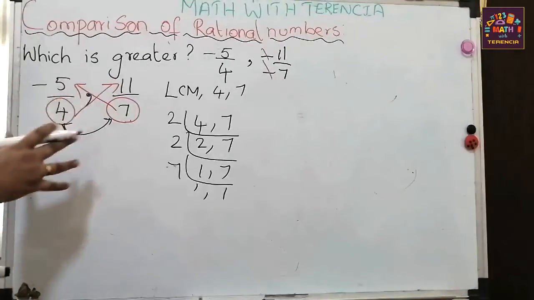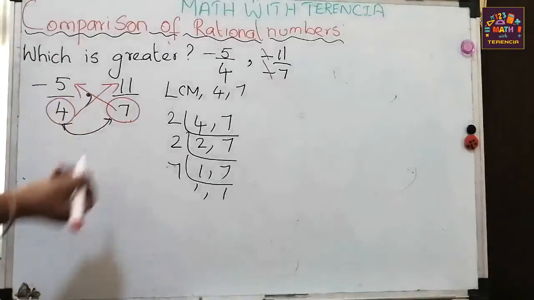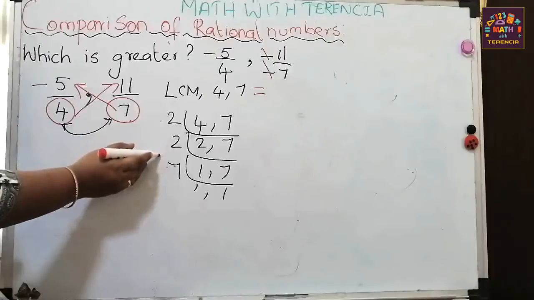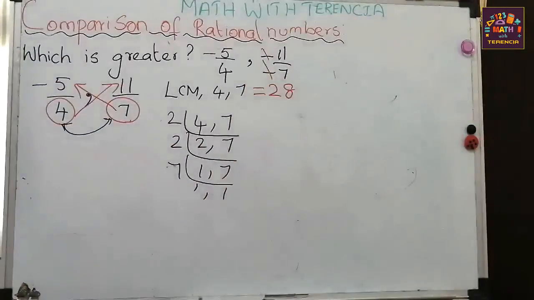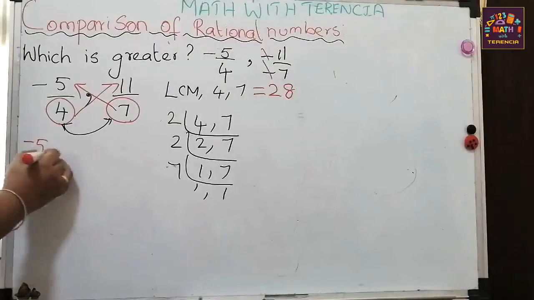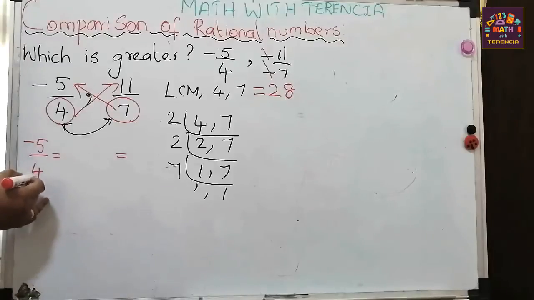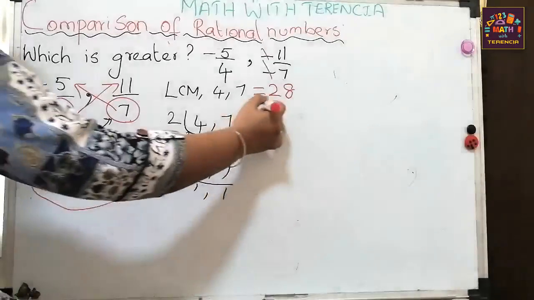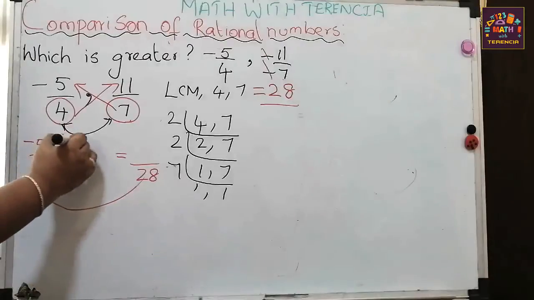But that is not the direct way to go. Finding the LCM is the direct way. Cross multiplication is a shortcut method which we follow. So the LCM is 2 times 2, 4, 4 times 7 is 28. So now our duty is to change this denominator 4 to the LCM value 28.